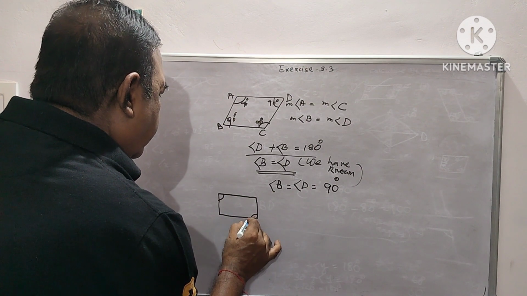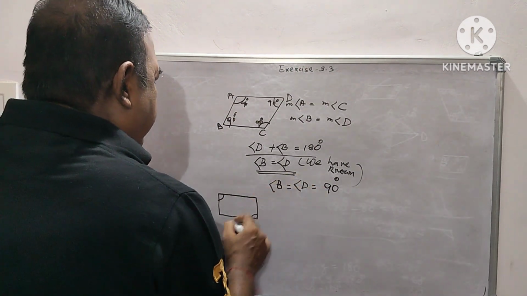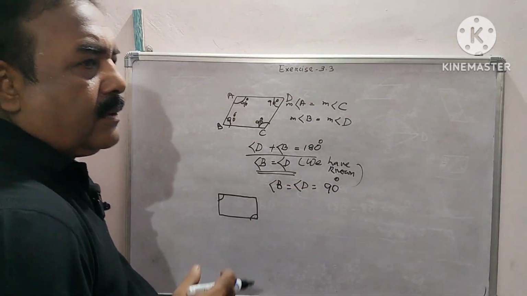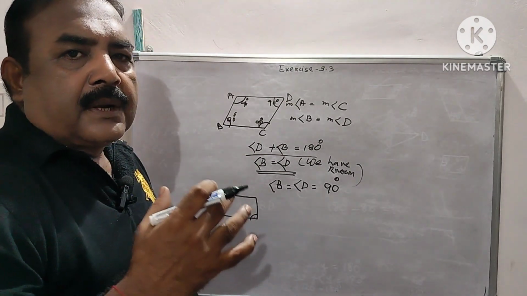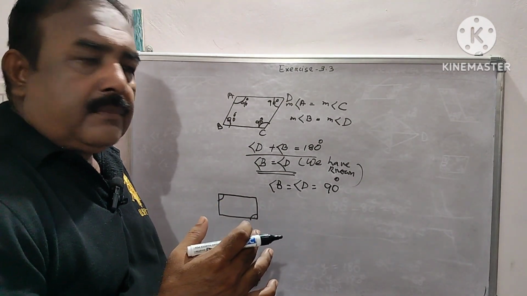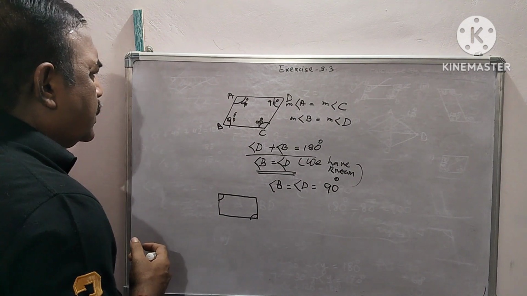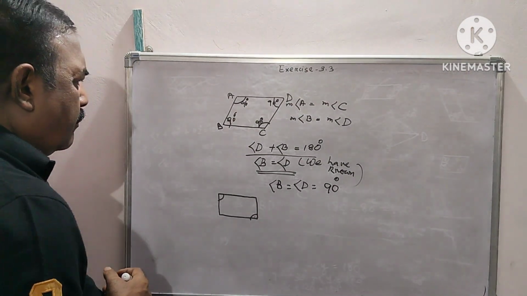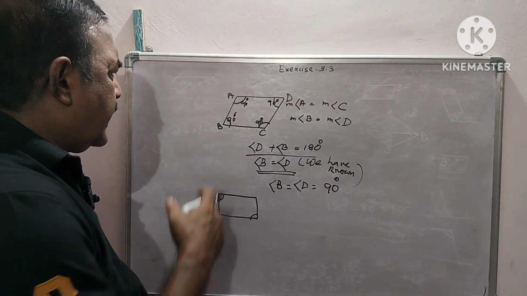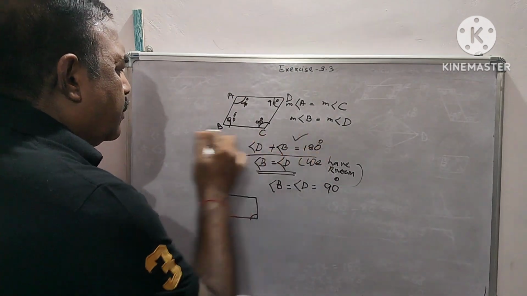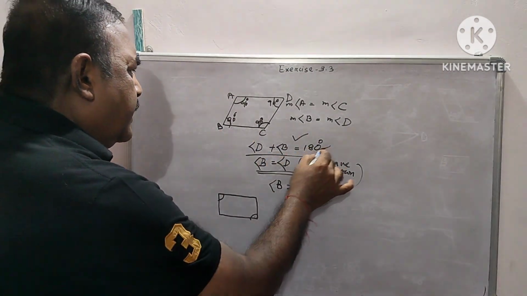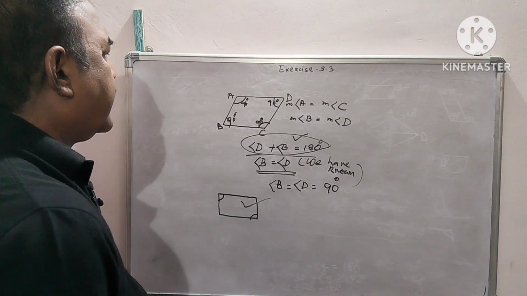So it is a particular case. In the case of a rectangle, because already we have known that a rectangle is a parallelogram with right angles, with equal angles. So in the case of a rectangle only, it is possible. So what will you write here? Now it is possible in one case, that is in case of a rectangle.